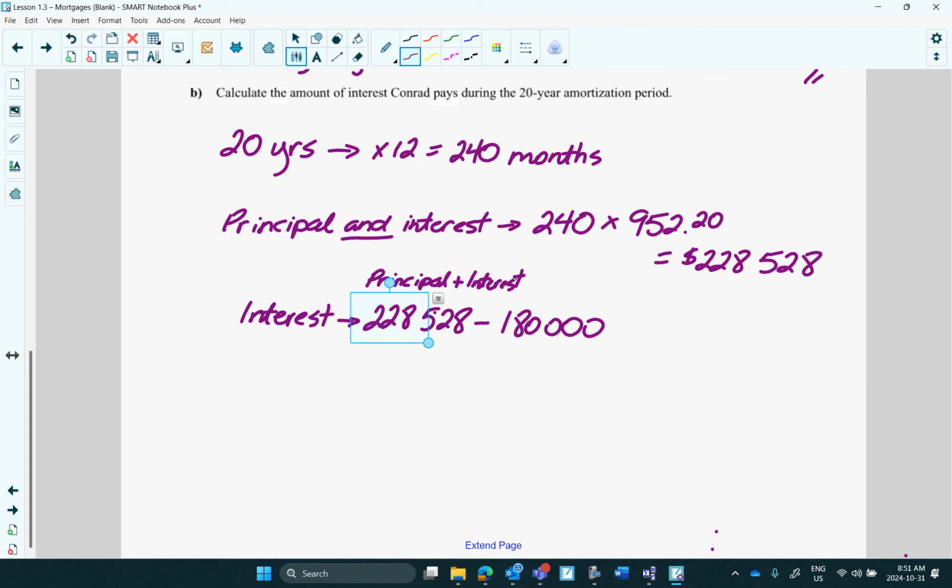This is just the principal. So he ends up paying $48,528. That's how much it costs him to borrow $180,000 and pay it back over 20 years. Okay.